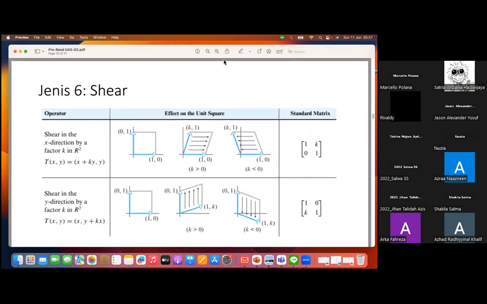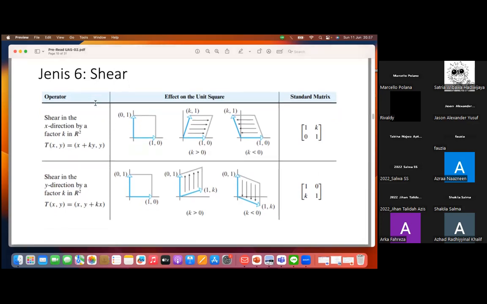For shear, if I remember correctly, y is what we call the invariant line, because y doesn't change in this case for the x direction. But you can go on Google and check just in case I'm wrong. So this is shear, in the x direction and y direction.